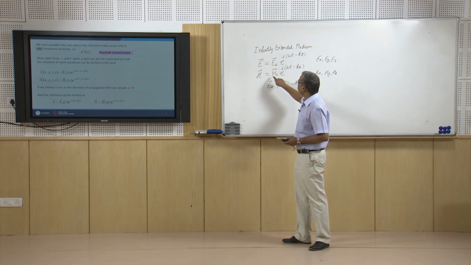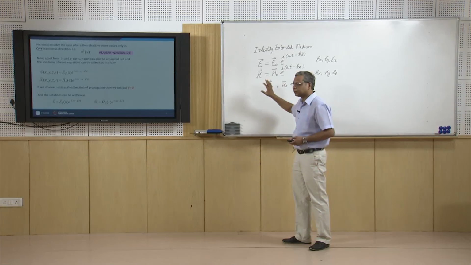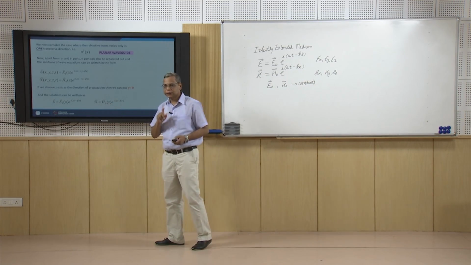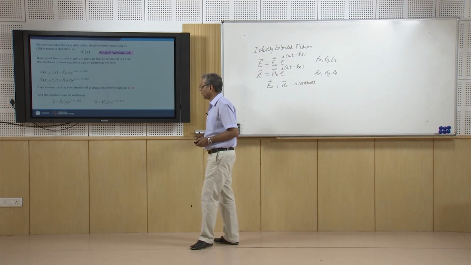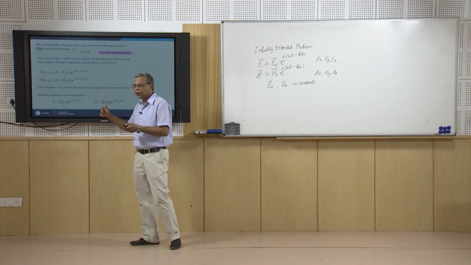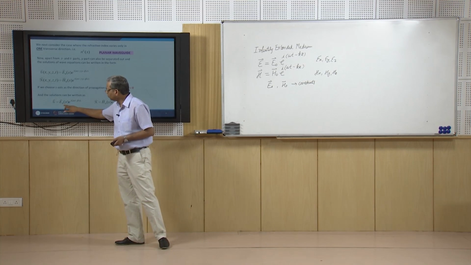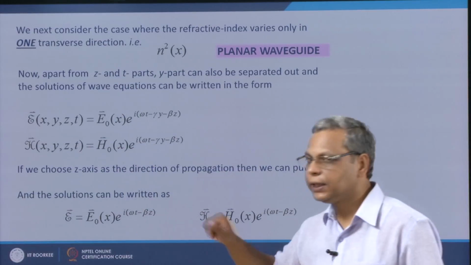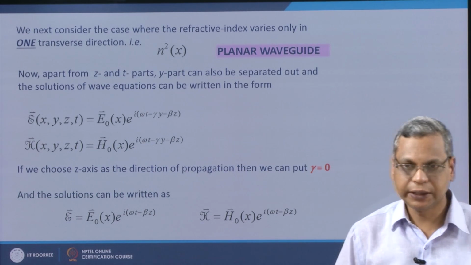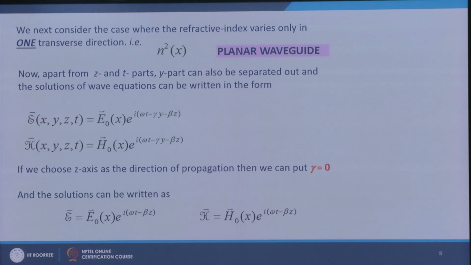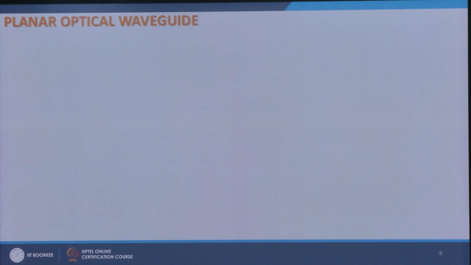Here E0 and H0 are constants, here E0 and H0 are functions of x, and these functions I now want to find out. I need to find out how E varies with x and how H varies with x. That is what I need to know, and they will give me the modes.